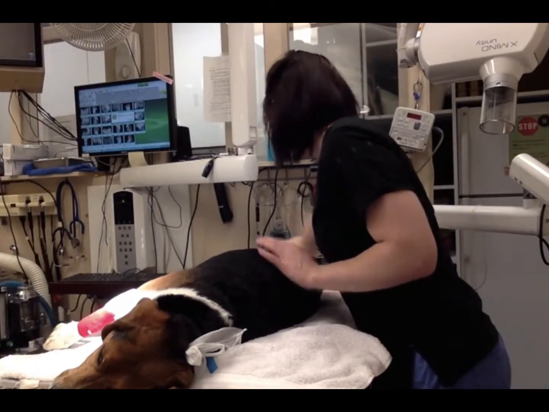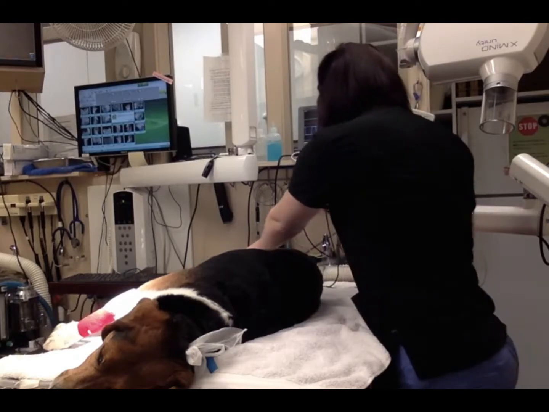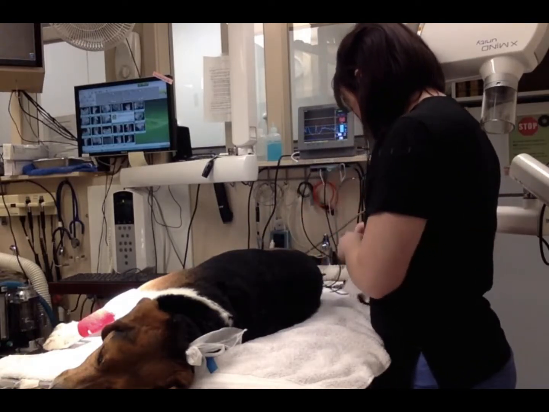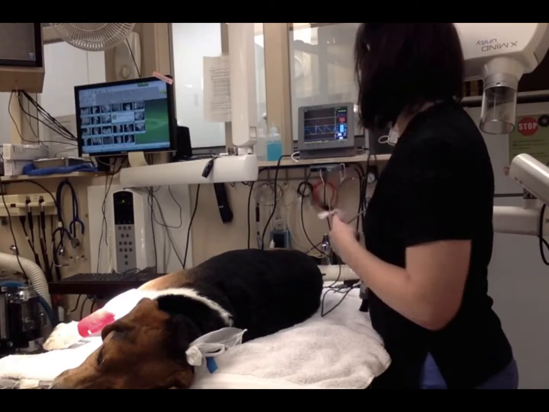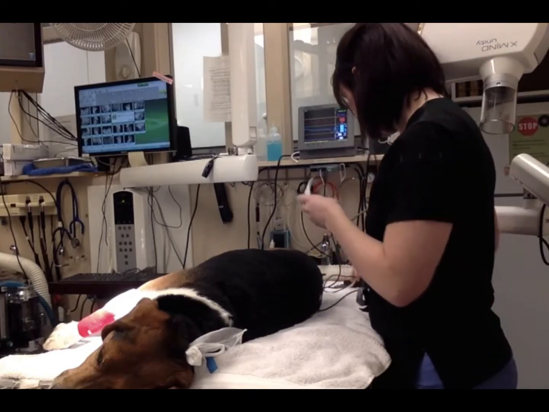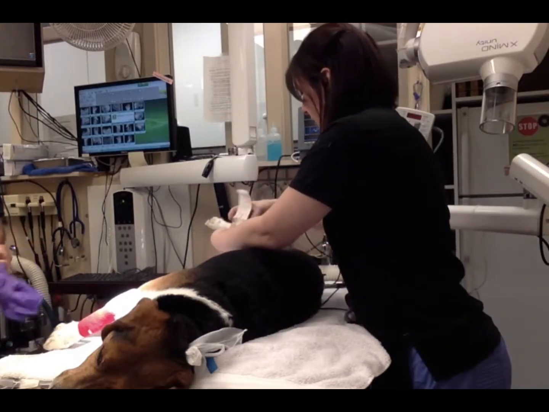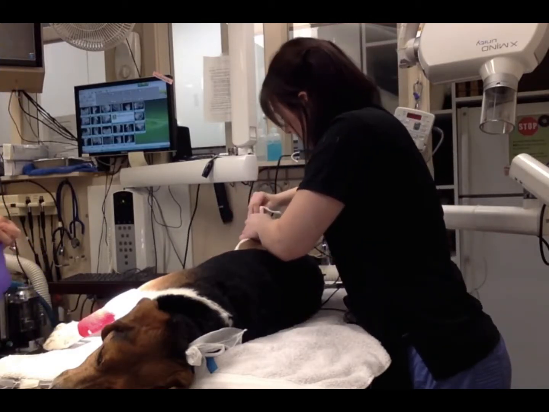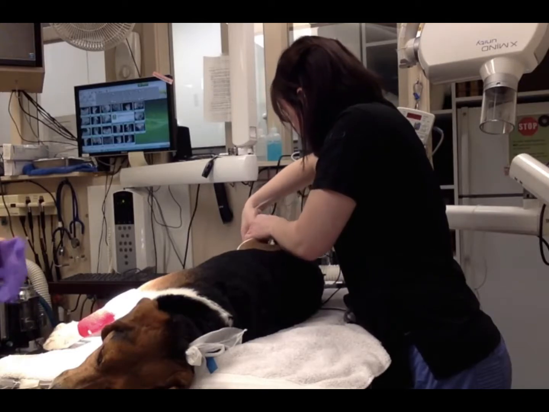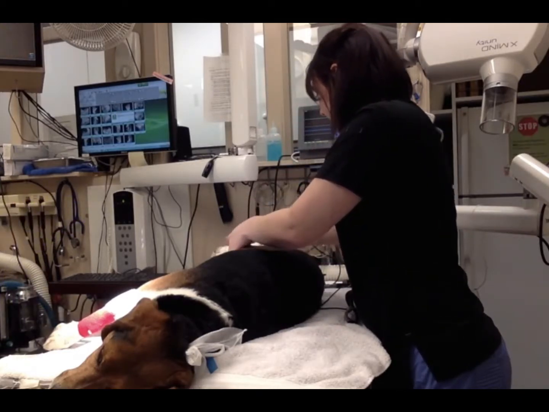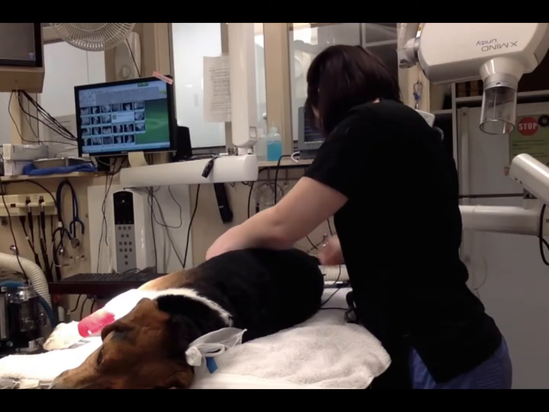We're also going to hook up a blood pressure monitor, because we want to monitor his blood pressure while he's under. This machine also monitors it down here on the same screen. I'm going to take a blood pressure cuff, put it just distal to his hock on his foot, and make sure it's nice and tight and that the Velcro is secured.